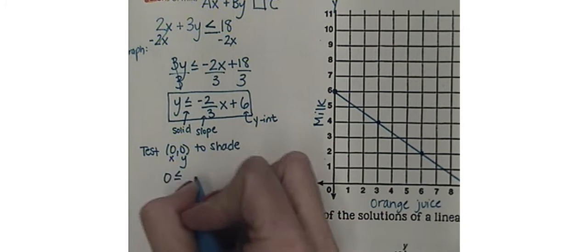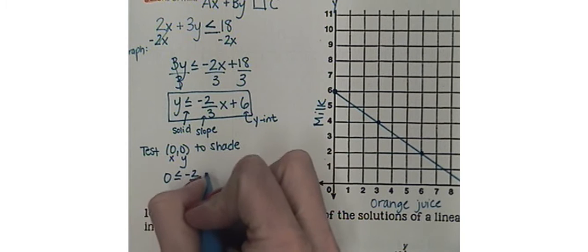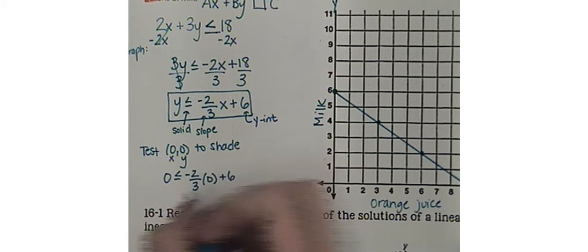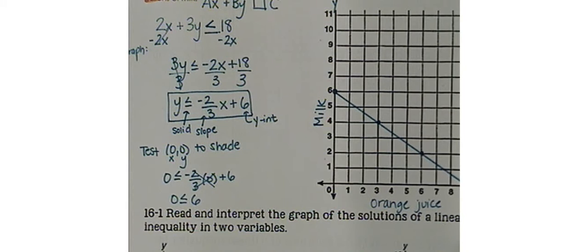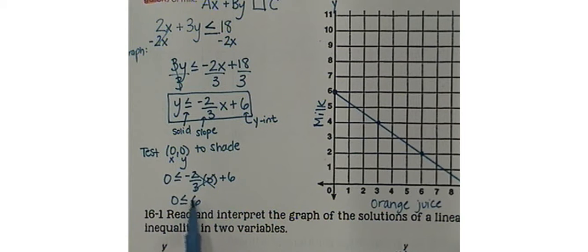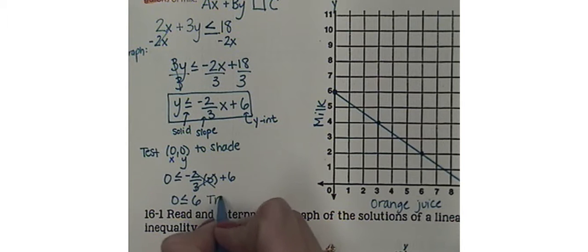So 0, 0 plus 6. These cancel. Remember, your Pac-Man mouth or your alligator mouth wants to be eating the bigger number. And it is. It's eating 6, and 0 is less than or equal to 6. This is a true statement.